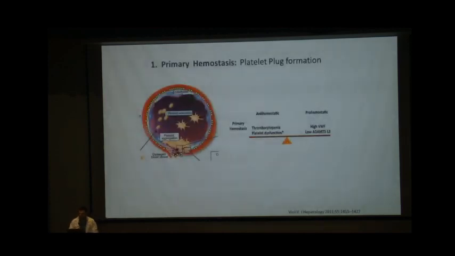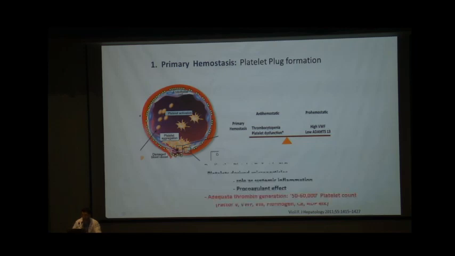So coming to each step which is imbalanced in cirrhotic patients. First is primary hemostasis, that is the formation of the platelet plug. The anti-hemostatic mechanisms present in cirrhosis are thrombocytopenia and platelet dysfunction. However, the pro-hemostatic mechanisms are high von Willebrand factor and low ADAMTS13, which predispose to a pro-hemostatic state.